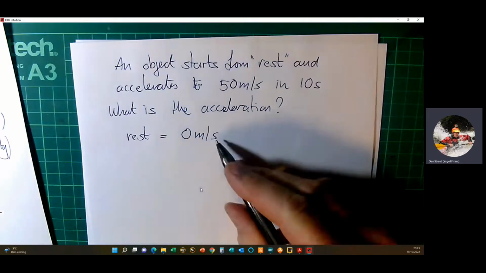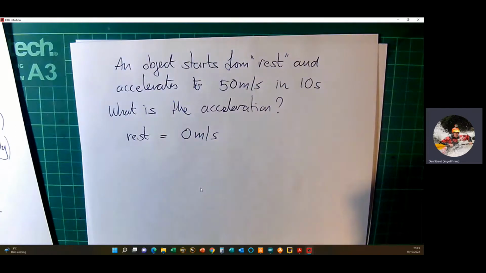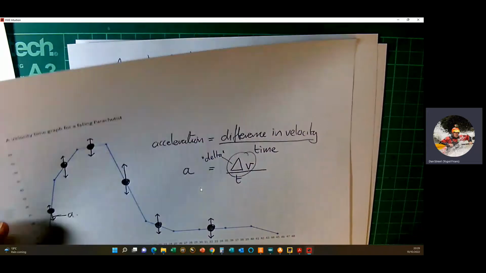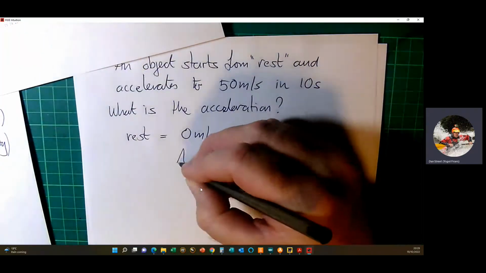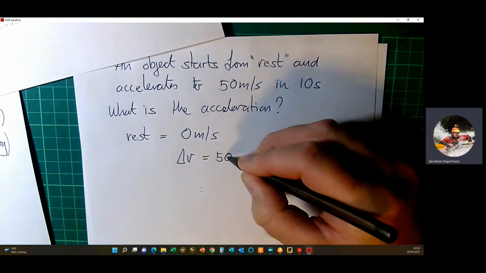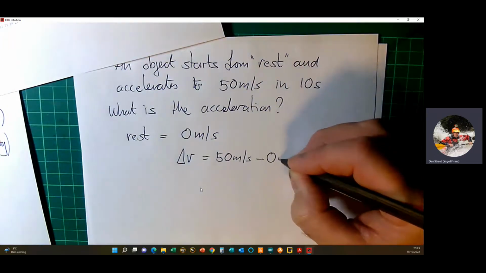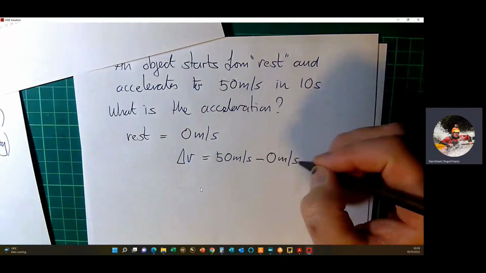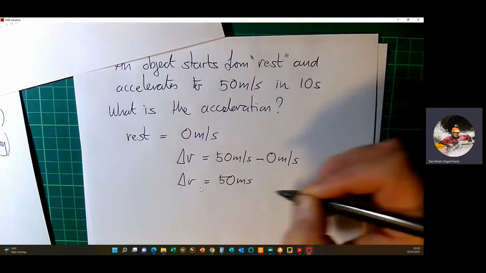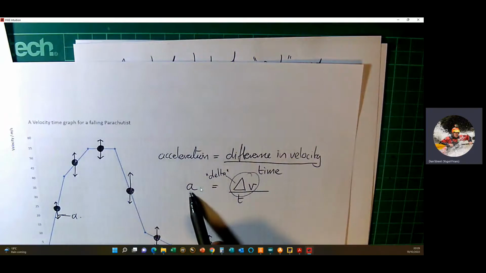Okay, so in this particular instance, delta v is the difference in velocity, and that would be 50 meters per second. That's the end velocity. Take away 0 meters per second. Okay, so 50 take away 0 is obviously 50. Okay, and then if we were to then place this back into our equation, so we're looking for the acceleration.